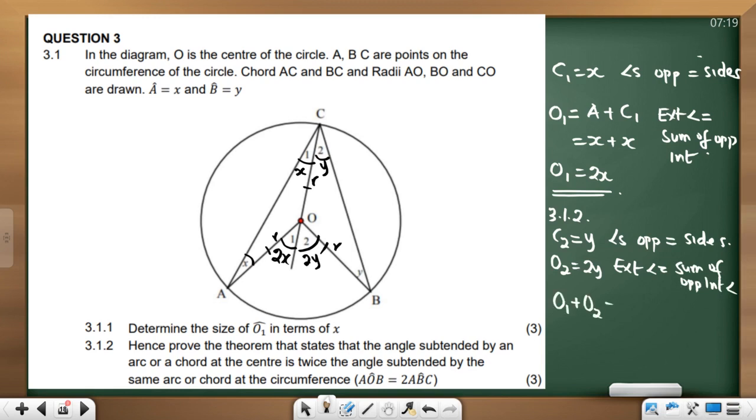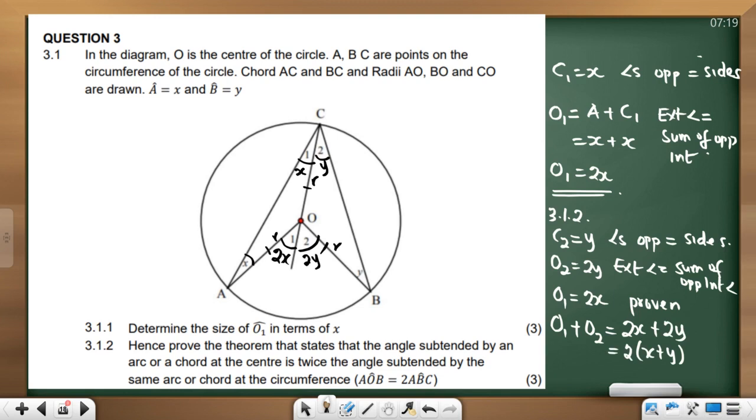Now let's look for angle at the center. O1 plus O2. But what is O1? From the previous question, okay, we can just simply say O1 is equal to 2x, already proven. Now, what do we know? O1, you need to write this part, very important. 2x plus 2y. 2 is common. X plus y. Oh, now let's check something.